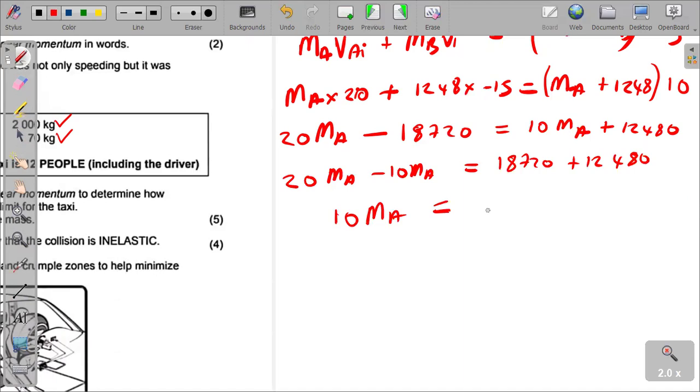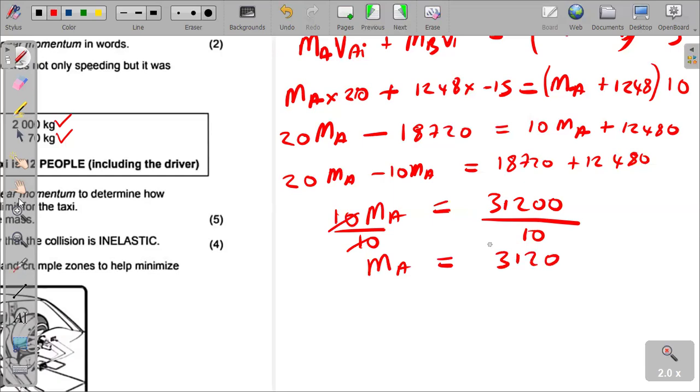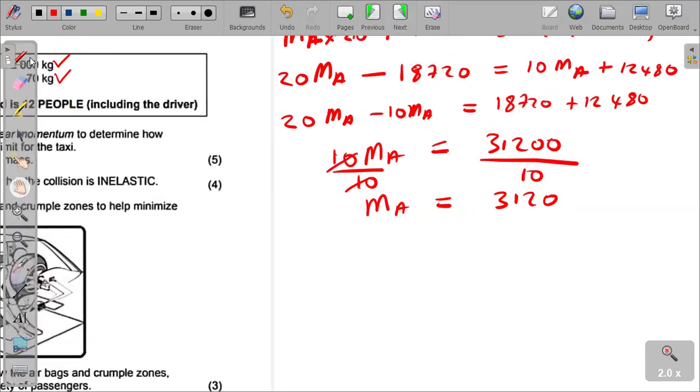That obviously is going to give us 31,200. We just punch that on the calculator. Divide by 10. So MA is going to be equal to 3,120. Okay, so 3,120 becomes the gross mass of our minibus taxi.